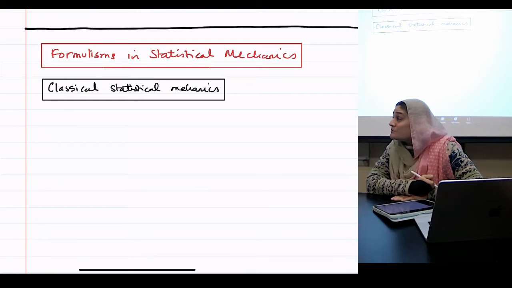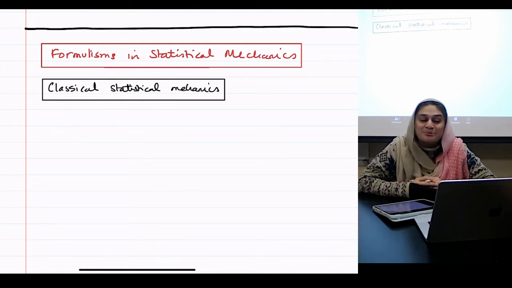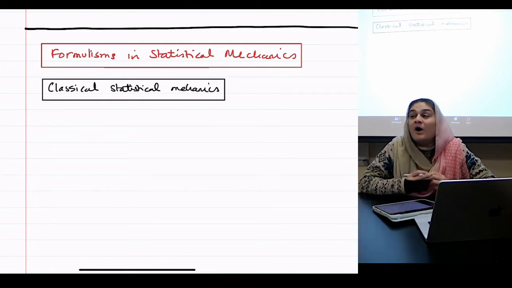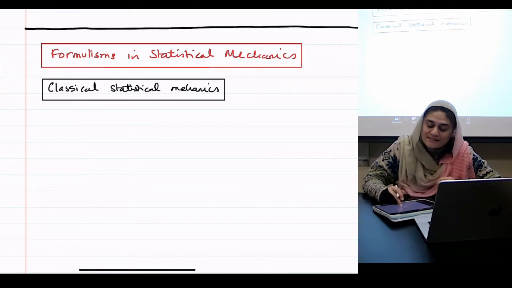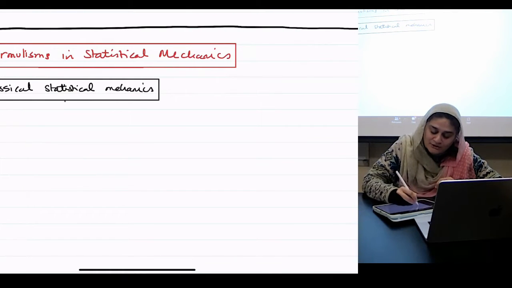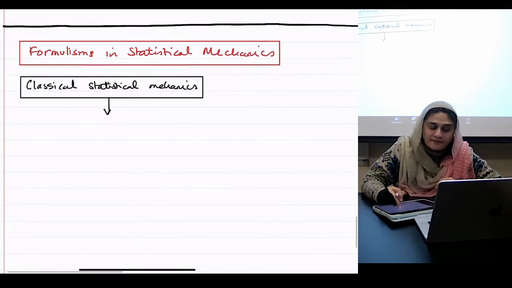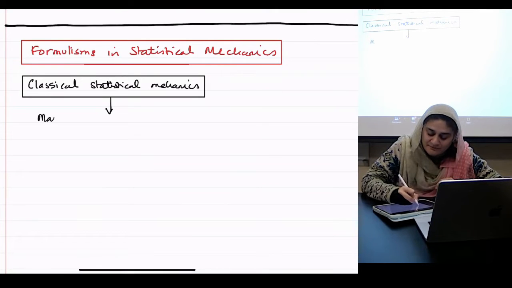What they found was they could not explain everything. This is nowadays called the Maxwell-Boltzmann, or MB statistics.